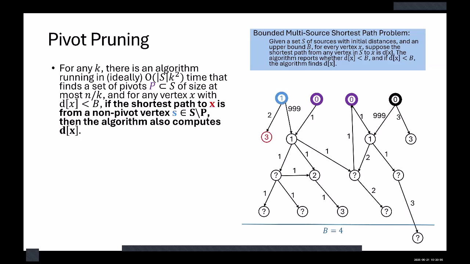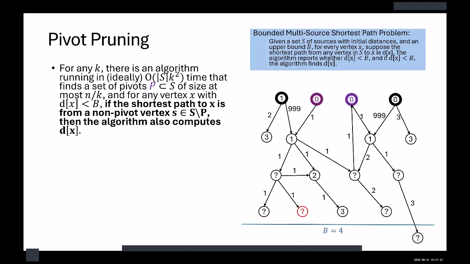But importantly, for any vertex, for example the red vertex here, whose shortest path is from a vertex that is not a pivot, so this one is not in purple, it guarantees that the vertex will have its distance computed. In other words, if a vertex does not have its distance computed, then its shortest path must be from a pivot, right?